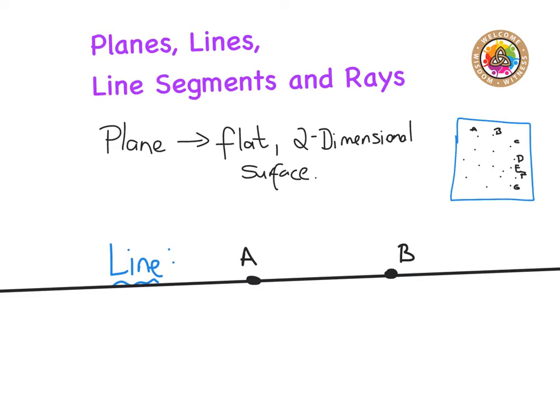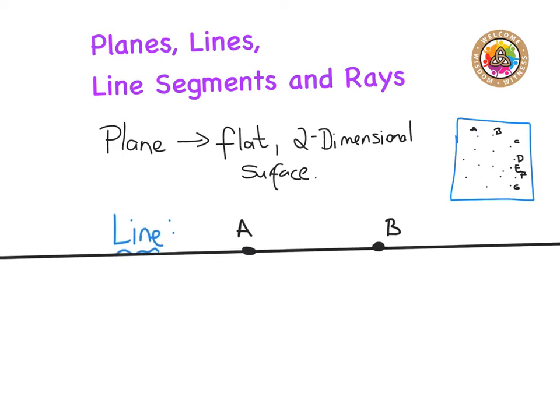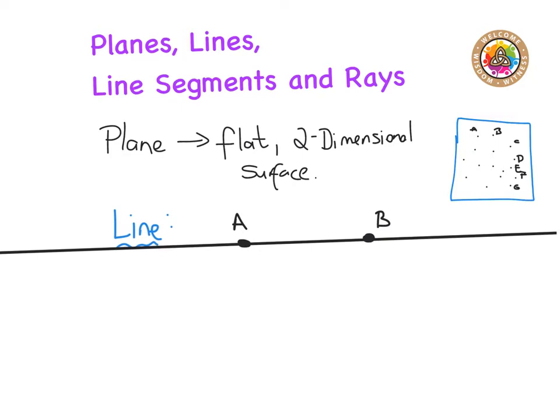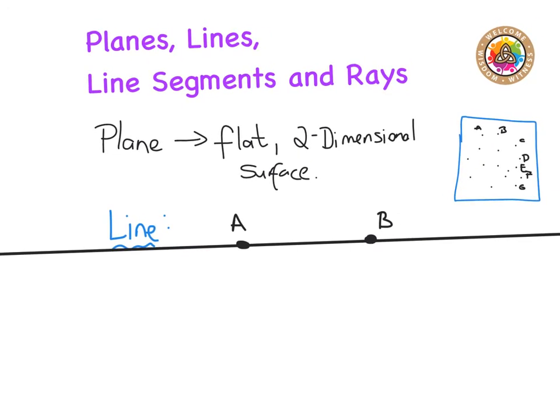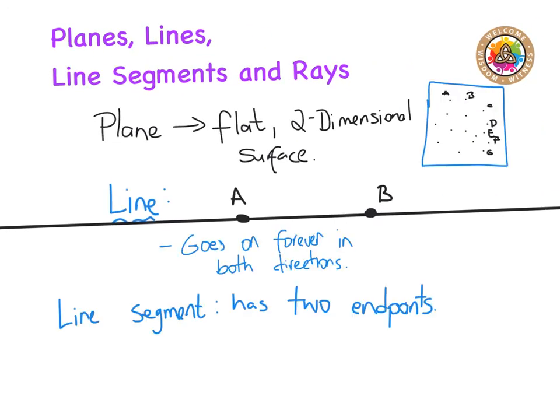Now, what we're used to calling a line is in fact a line segment. A line segment, on the other hand, is like a part of a line. So here we'll draw the line segment CD.